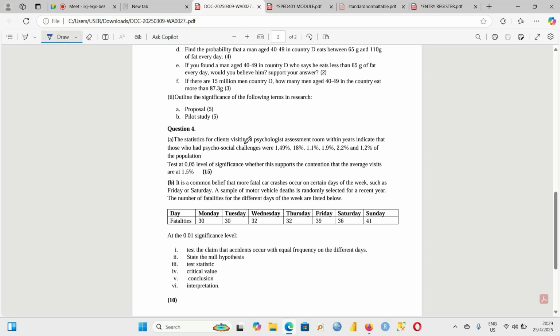The statistics for clients visiting a psychologist assessment room within years indicate that those who had psychosocial challenges were 1.49%, 18%, 1.1%, 1.9%, 2.2%, 1.2% of the population. So these are our values. We are given these values: 1.49, 18%.